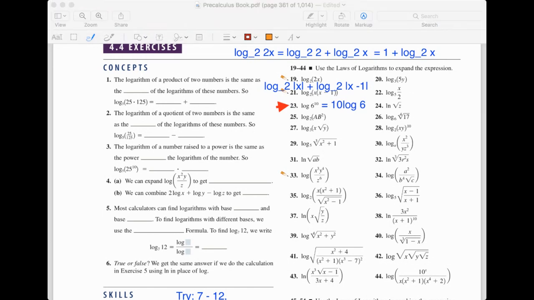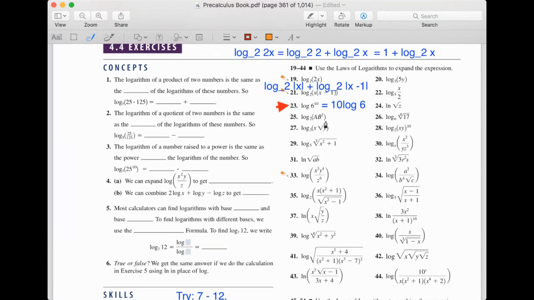Okay, 25. Let's try 25, because it has an exponent. Do we want to do the exponent first? Because A does not have an exponent, only B has an exponent. So should we deal with the exponent first, or the product first?